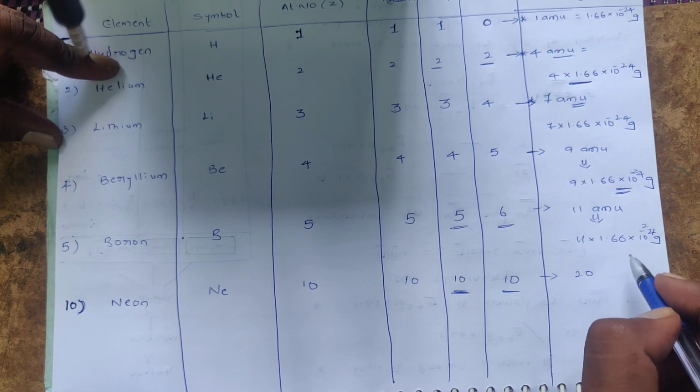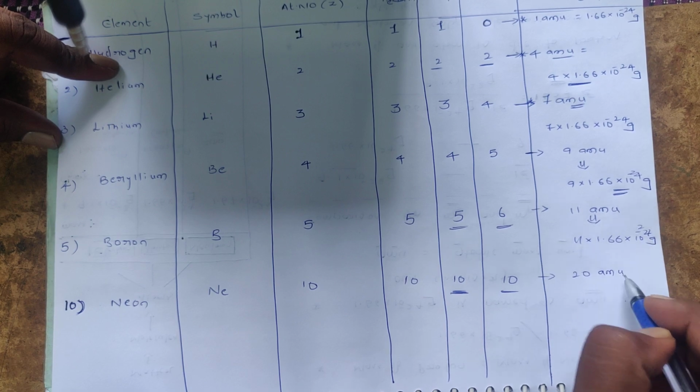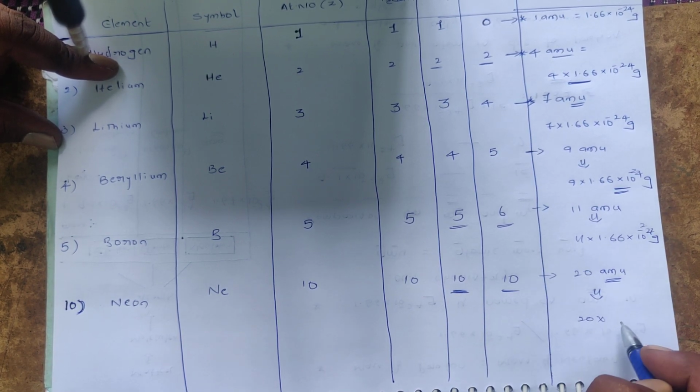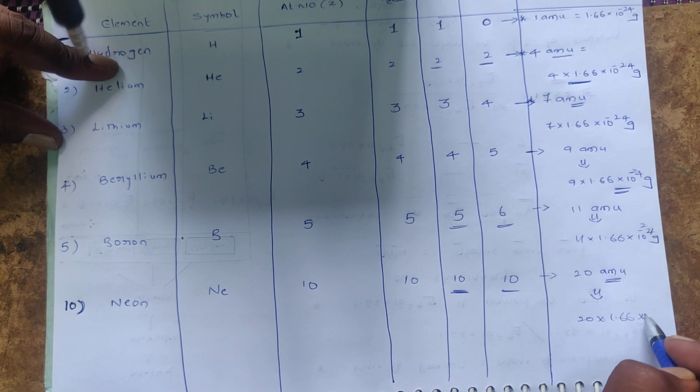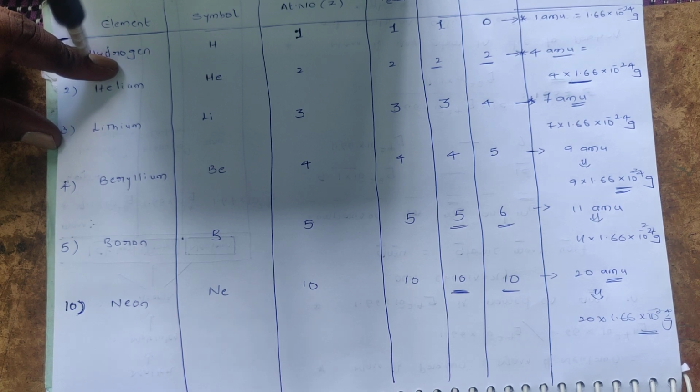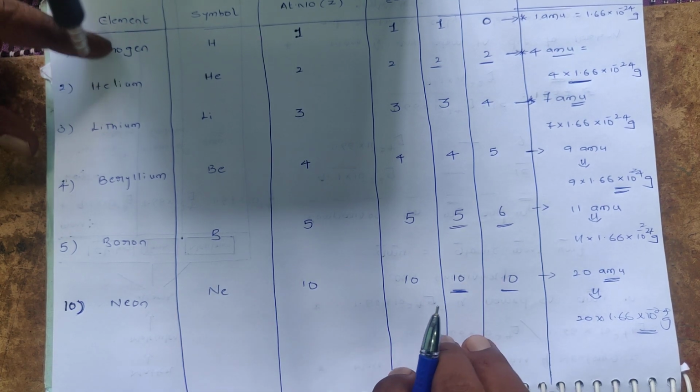Each particle mass is 1 AMU. Therefore the overall mass of a neon atom is 20 AMU, so it will be 20 into 1.66 into 10 power minus 24 grams. This is the mass of a neon atom. Like this we can calculate individual masses of each and every atom.